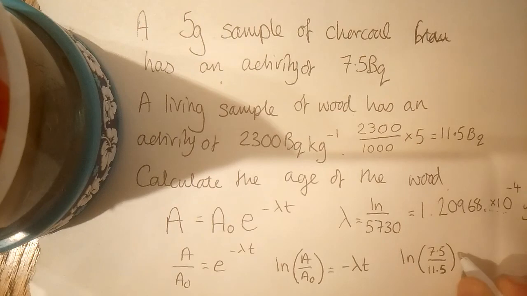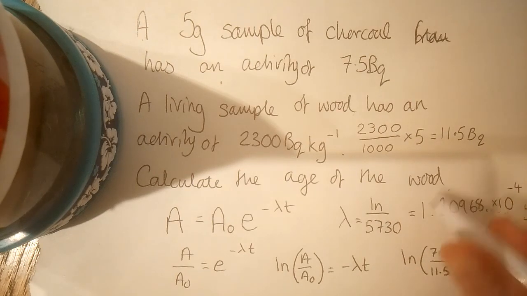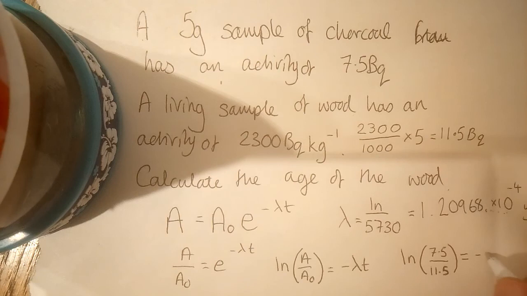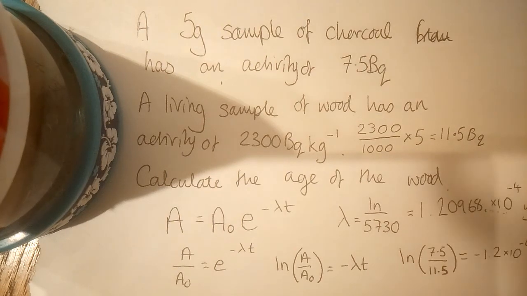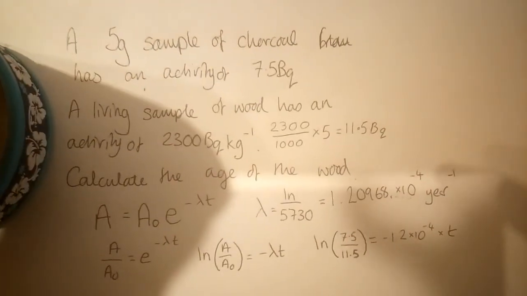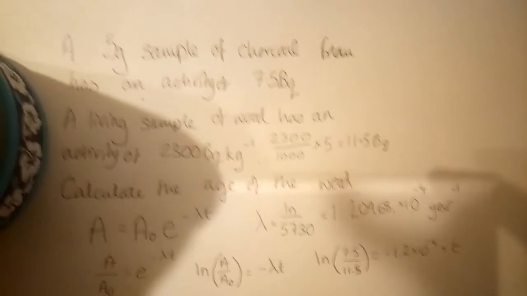I'm putting that equal to minus, well, I've got my decay constant here that I've kept in my calculator. I'll just put 1.2 times 10 to the minus 4, but I've used the whole number. And then that's multiplied by t. So all you've got to do is go from that last bit there, rearrange and find t, and it should come out. Hope that helps.